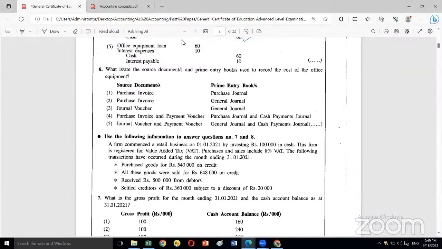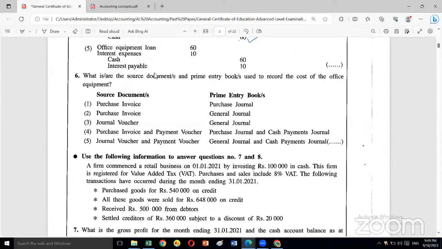What is the source document and prime entry book used to record the cost of the office equipment? Can you remember the previous question?